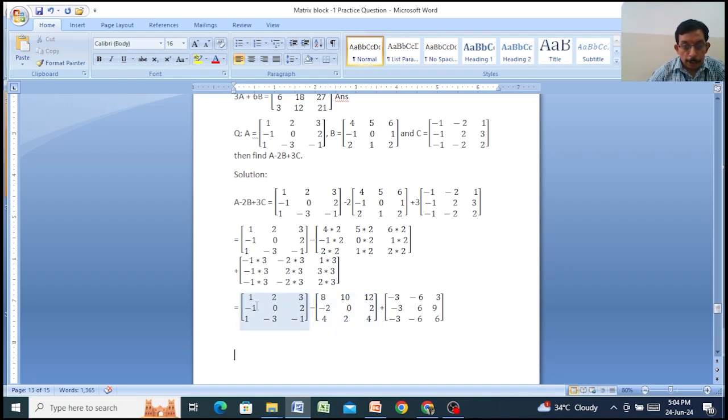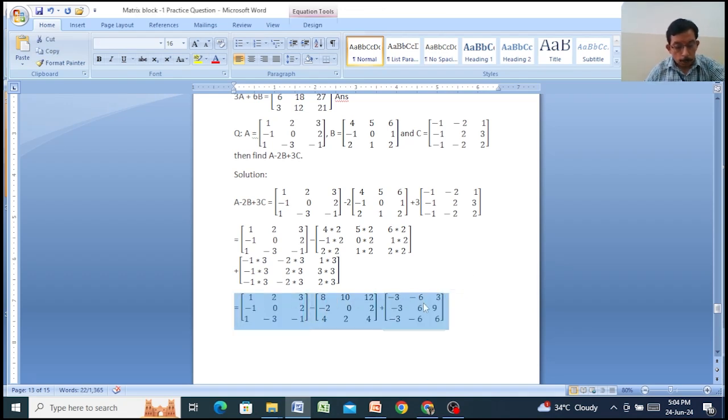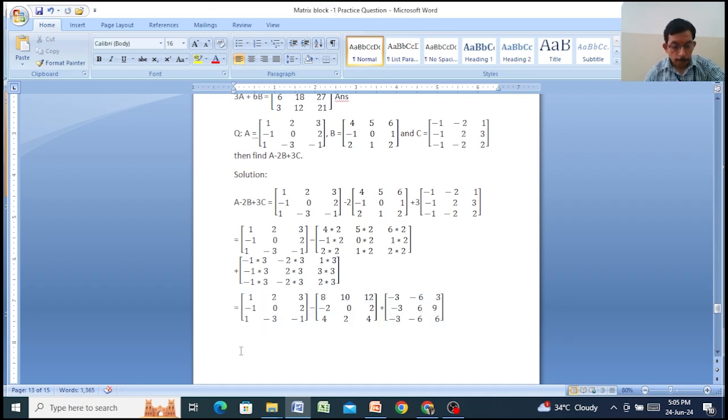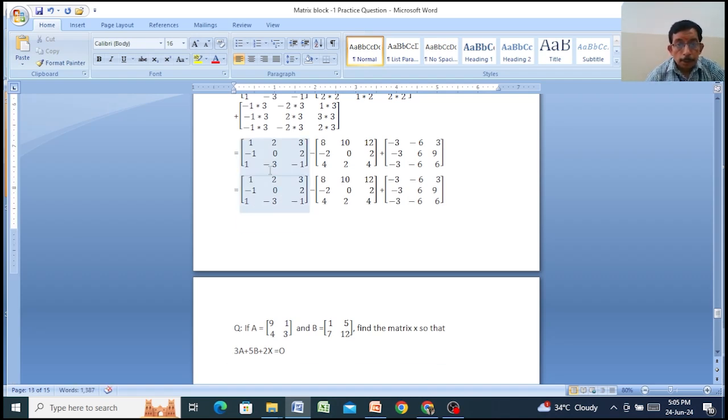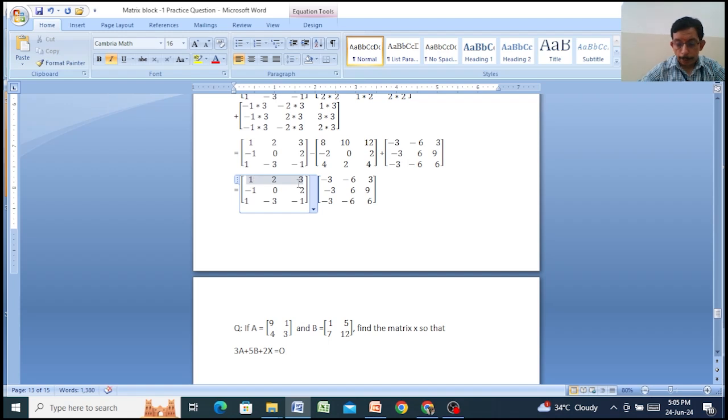Now with the addition and subtraction, start from the next row. First, we subtract A and B. So 1 minus 8. The corresponding element of 2 is 10, so 2 minus 10.